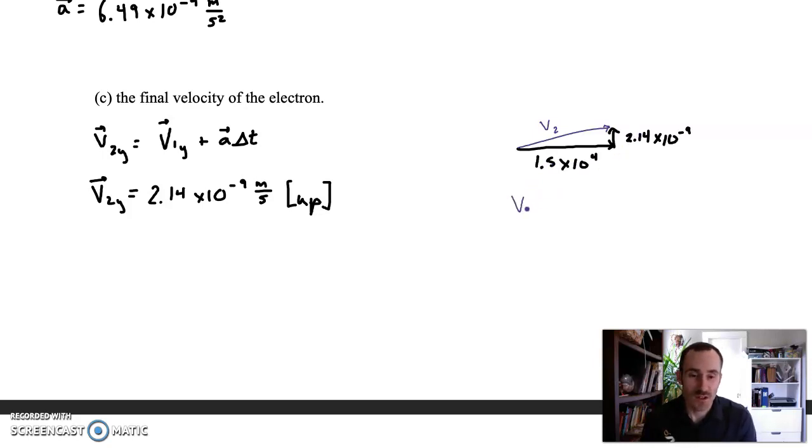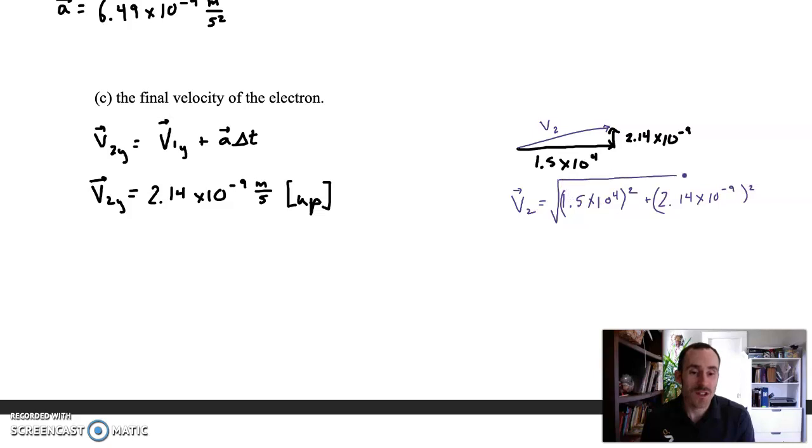So V2 is equal to the square root of 1.5 times 10 to the 4 squared plus 2.14 times 10 to the negative 9 also squared.